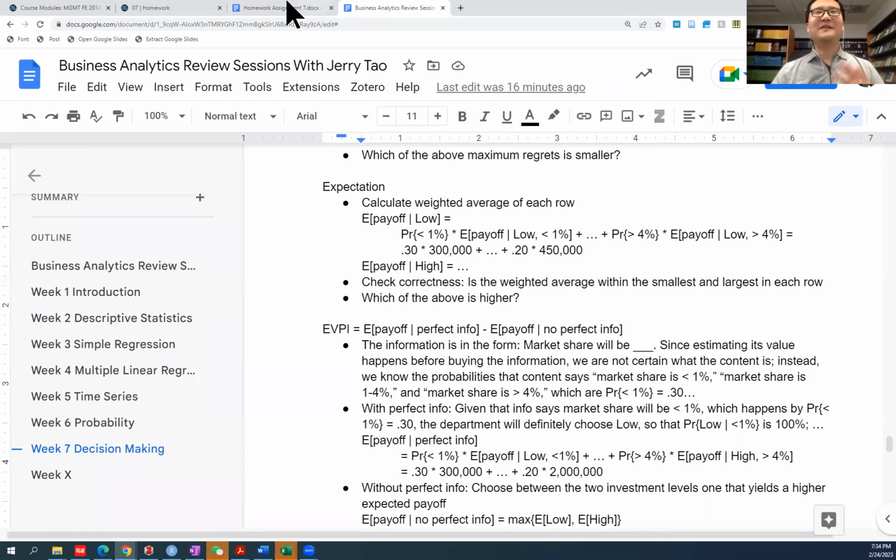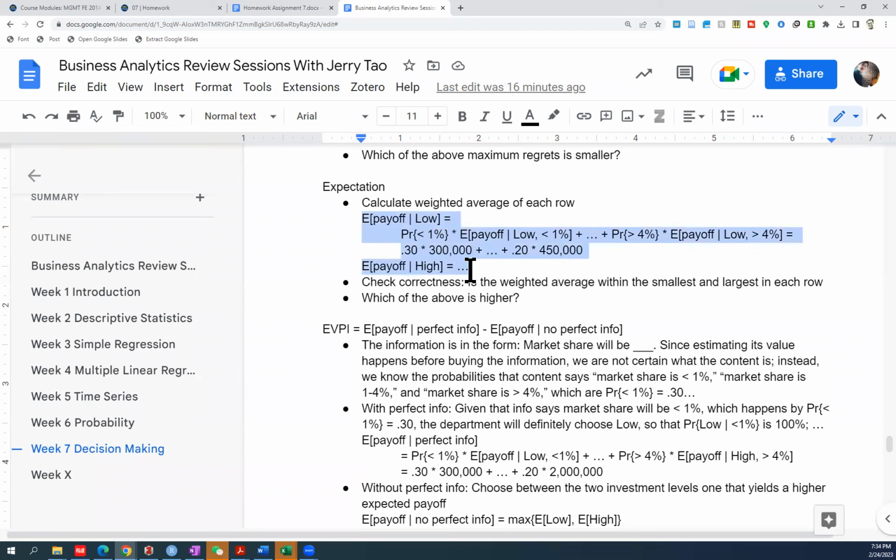So in part C, we did the calculation where we individually took the low and the high and did the expected value of payoffs. But when you look at part D, I think we don't have any information on the market share or what is high, what is low, etc. So that kind of data is missing.